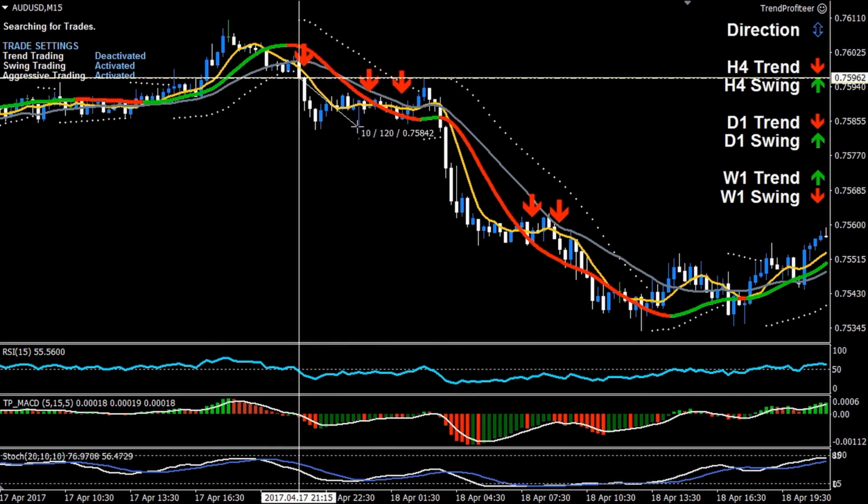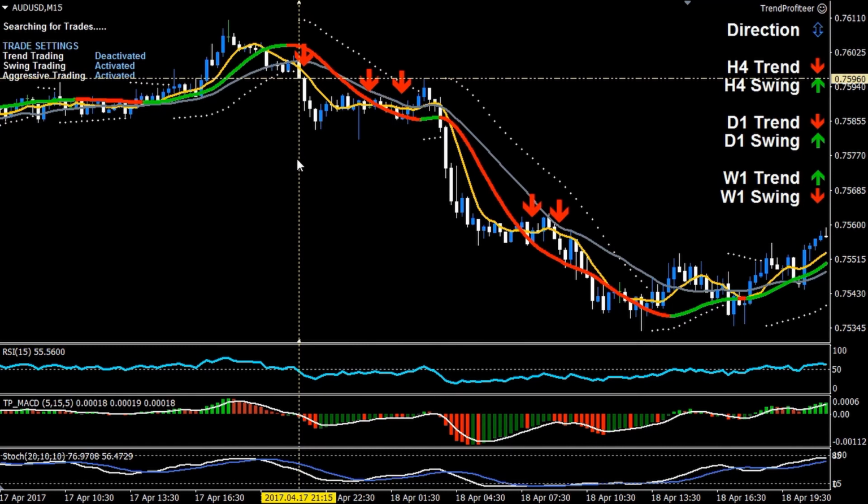We would have achieved our first target here, 10 pips, giving us a 1-to-1 reward to risk ratio. 20 pips here, giving us a 2-to-1 reward to risk ratio. 30 pips here. 40 pips here, giving us a 4-to-1 reward to risk ratio. 50 pips here, and all the way down to here, 60 pips, giving us a 6-to-1 reward to risk ratio. So we risked 10 pips, we gained as much as 60 pips.